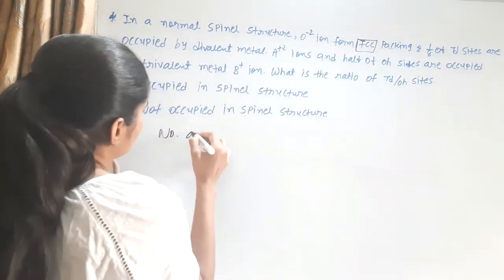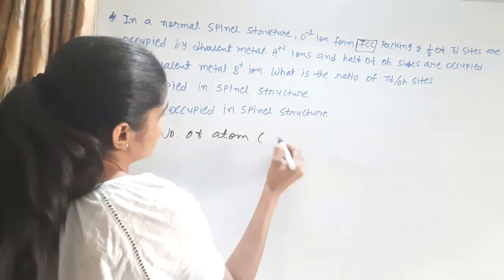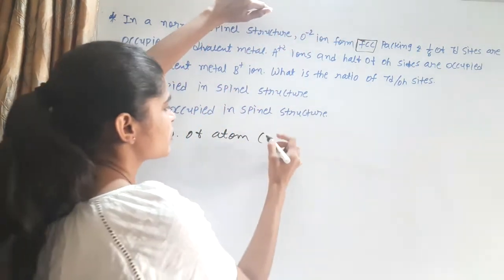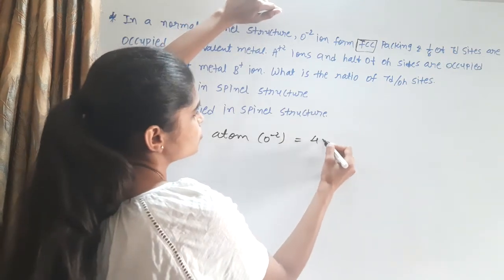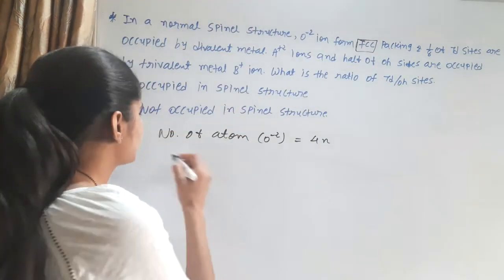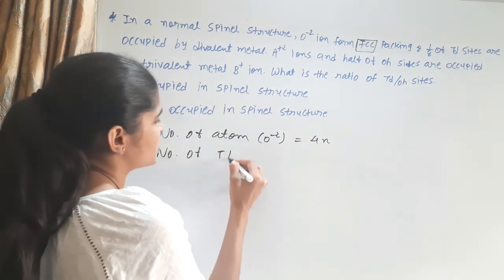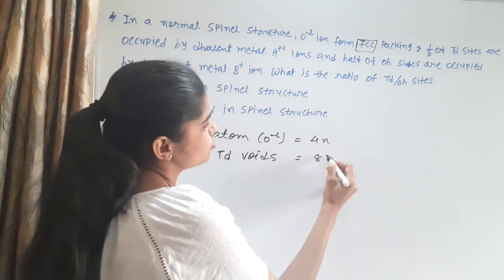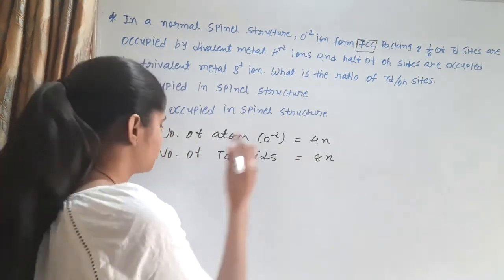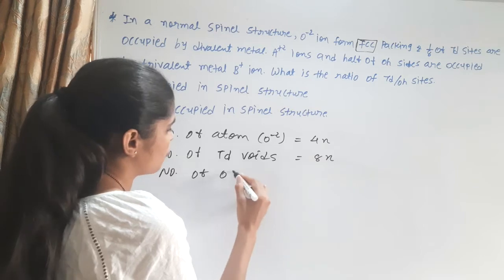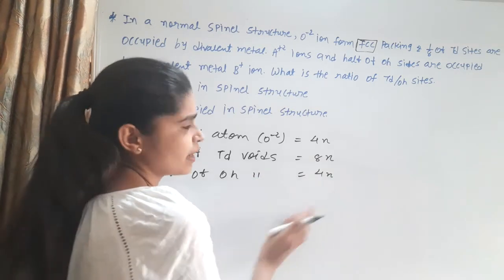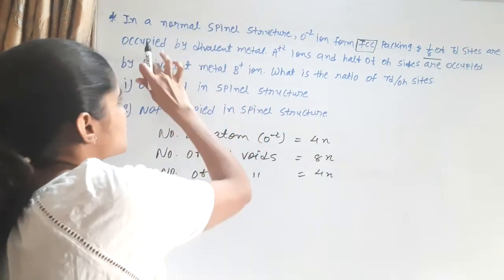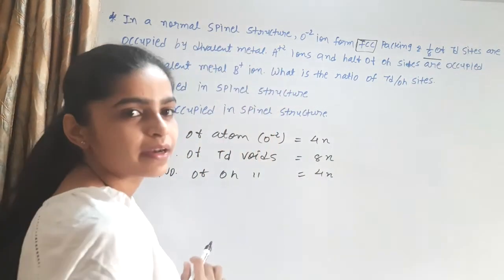The number of atoms, and O2- adopt FCC structure, so the number of atoms for O2- is equal to 4n. And we know that the number of tetrahedral voids per unit cell is equal to twice the number of atoms in the unit cell, and the number of octahedral voids is equal to 4n. Then 1 by 8 of tetrahedral sites are occupied by divalent metal ion.